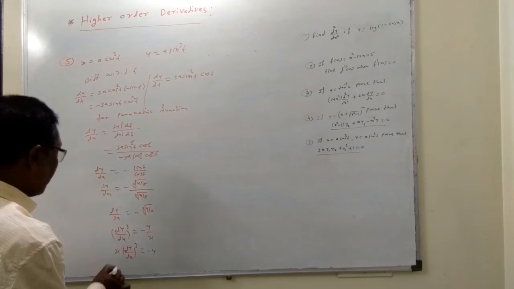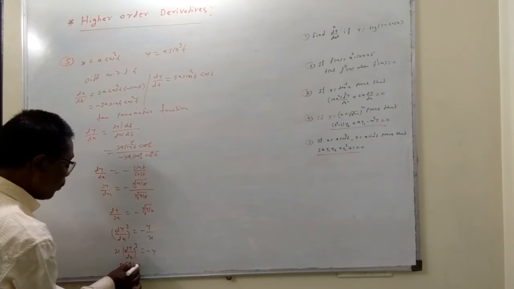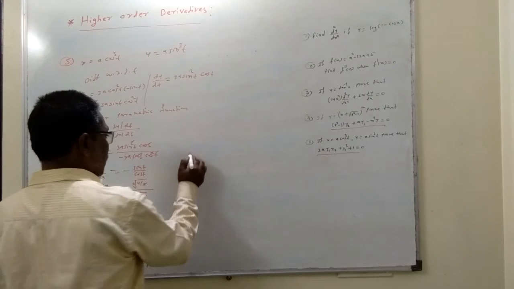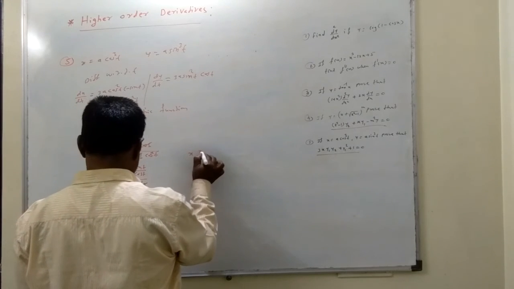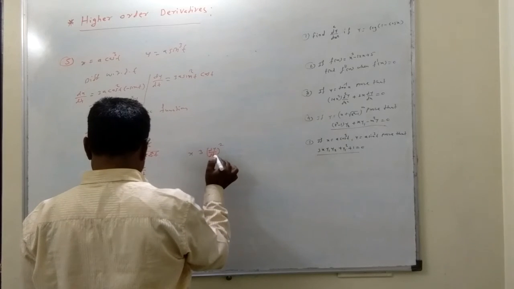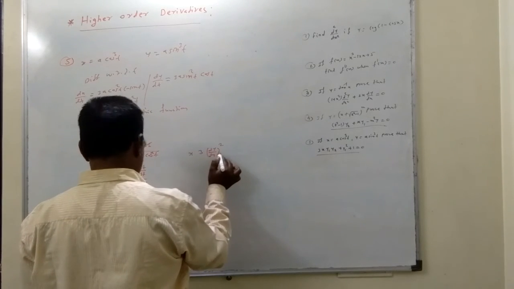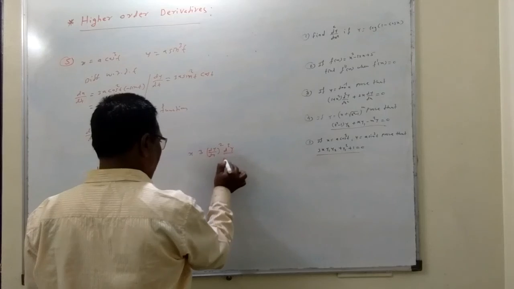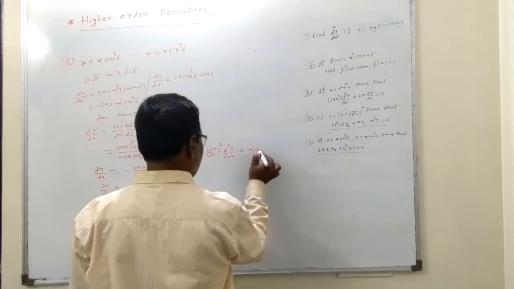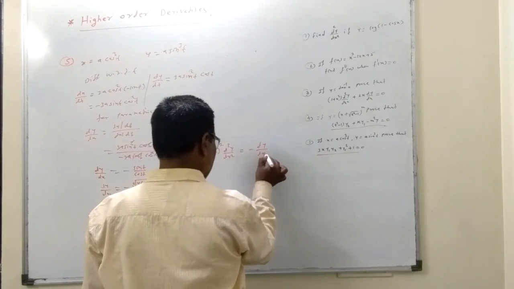So this now we will differentiate with respect to x. Now here you give formula, so x constant, 3 dy by dx square of that into derivative of dy by dx with respect to x, d2y by dx square, and that is equal to minus dy by dx.